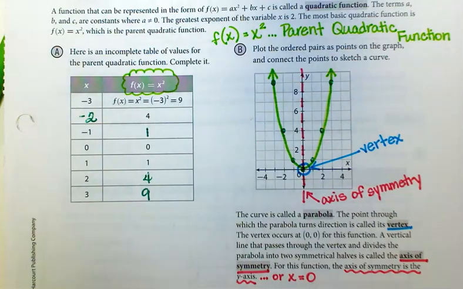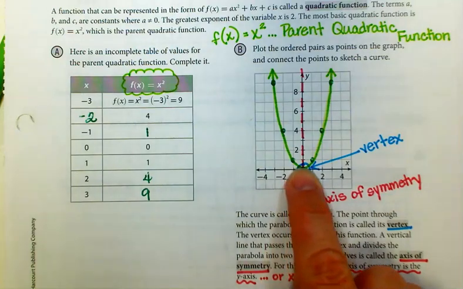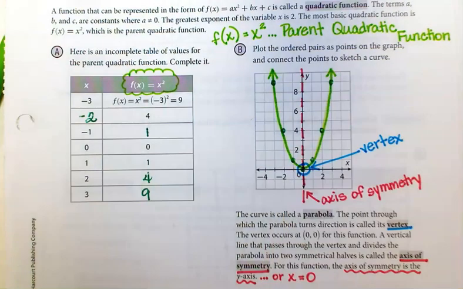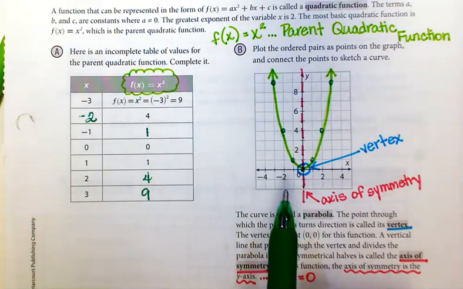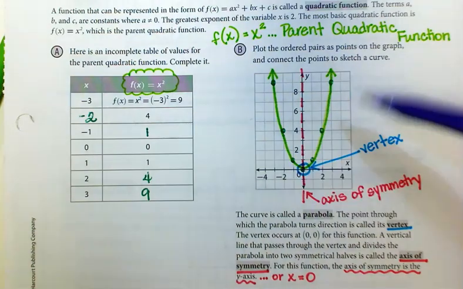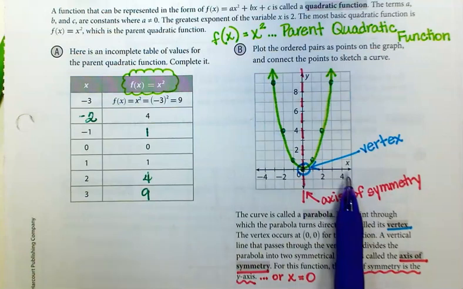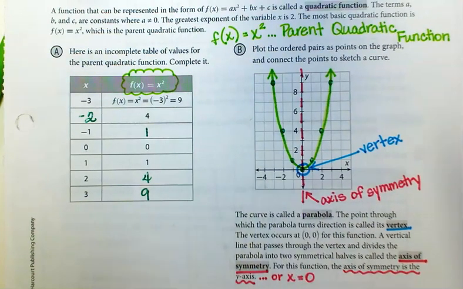Also, we haven't talked about it yet, but just based on looking at this parabola that is created by this parent function, we're going to eventually start talking about zeros and the solution to your quadratic function, and those are where your quadratic function crosses the x-axis. In other words, where is y equal to 0?